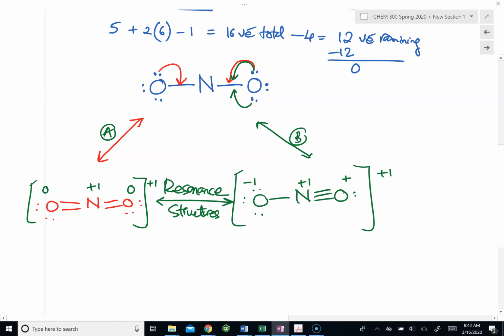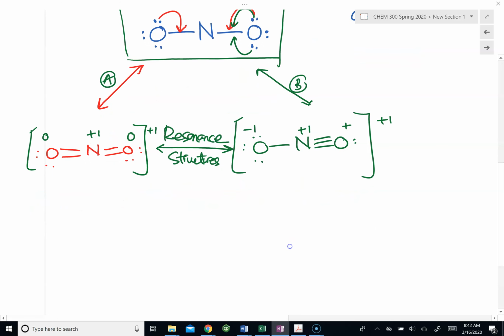So again, the step that will help us draw the resonance structures is this step right here. Basically, how many different ways can we move the electrons to the central atom to make the central atom have an octet? Each way that is possible will produce one resonance structure.